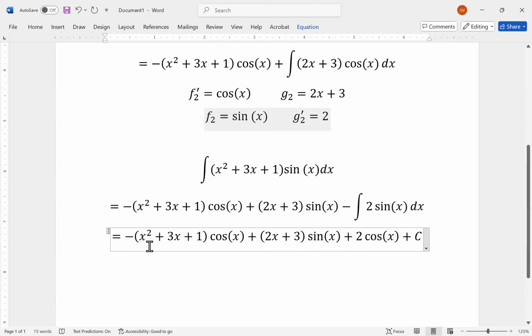And then x squared plus 3x plus 1, derivative of that is 2x plus 3. Derivative of 2x plus 3 is 2. So you can kind of recognize that there is going to be a pattern of derivatives as I go down. And if you check the previous question, it's the same way, although it's slightly more complex there.